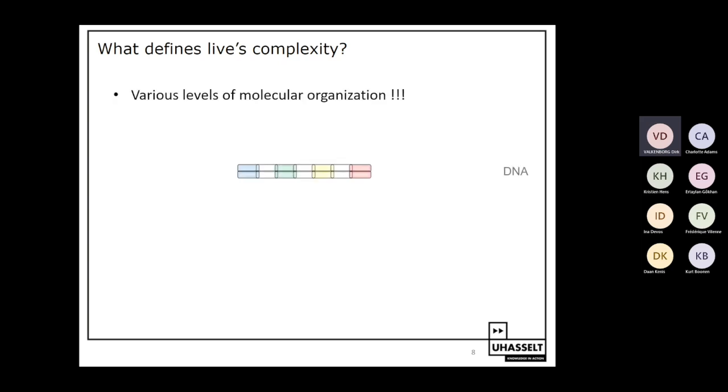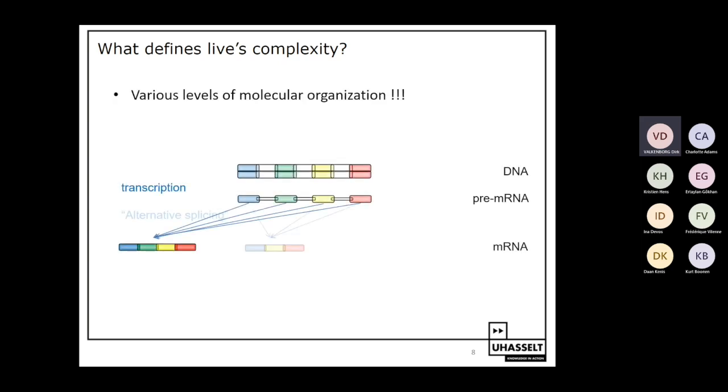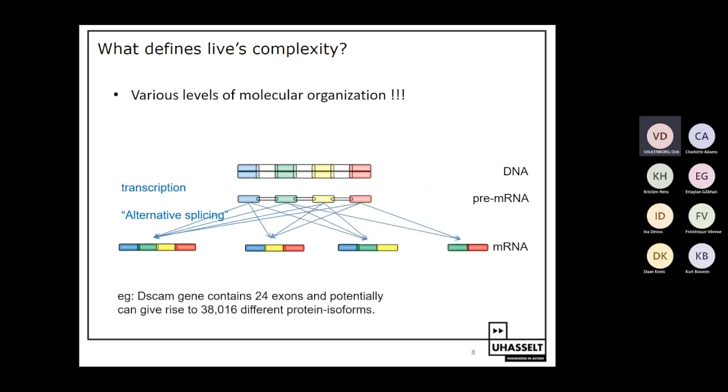Well, first of all, there are various levels of molecular organization. And we know the dogma of life. It all starts with DNA. DNA is our map, but proteins are the world, right? So DNA will be transcribed into a messenger RNA molecule, because DNA is way too precious to be used as a worker molecule for making proteins. So that's why DNA in the core of cells is transcribed into pre-mRNA molecules.